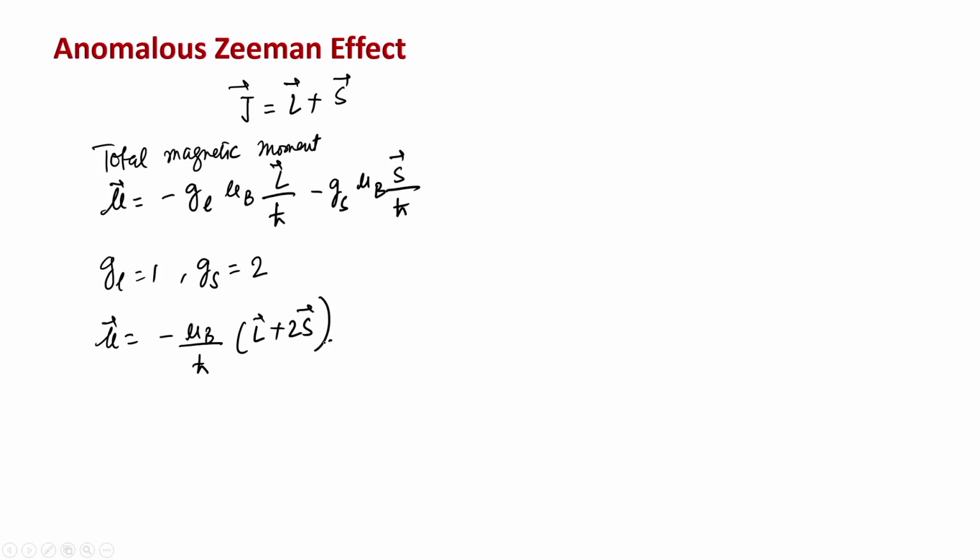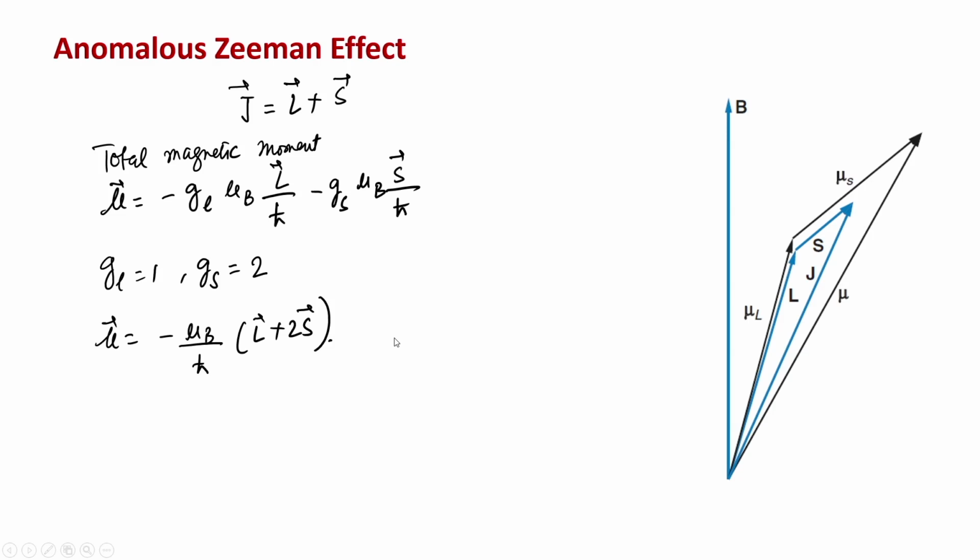Okay. This is also true if you put S equal to 0, you can get this normal Zeeman effect. And what we can see is that we can draw a vector diagram like this.